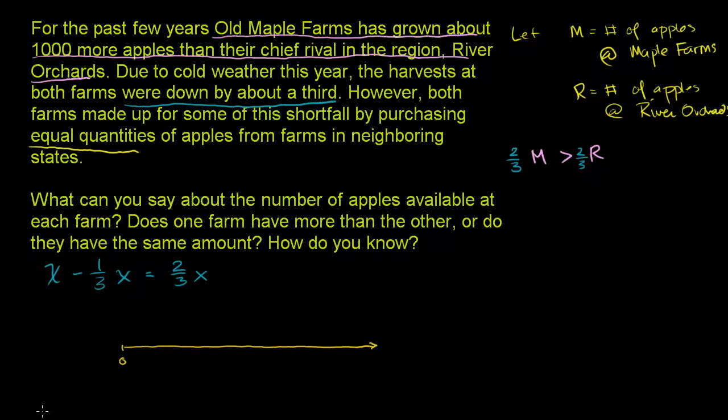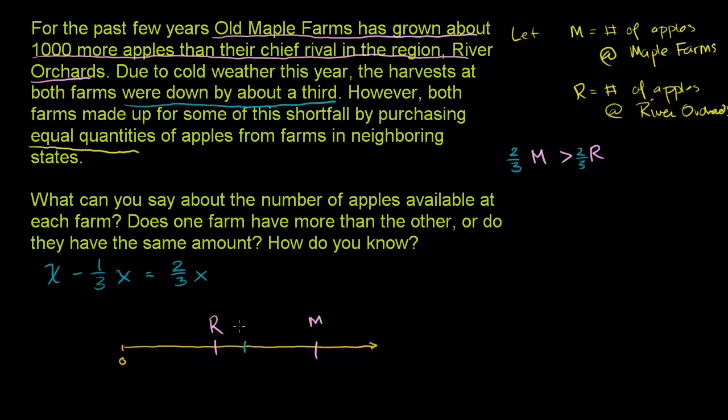So that's 0 on our number line. In a normal year, M has 1,000 more than R. So M might be over here, and maybe R is over there. Now, if we take 2/3 of M, that's going to stick us right about there.